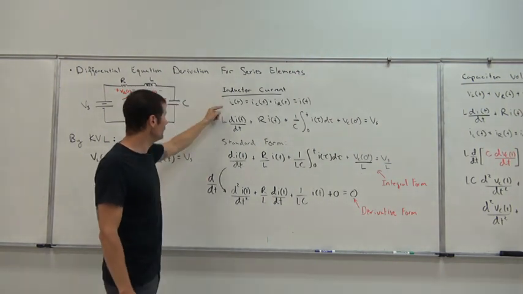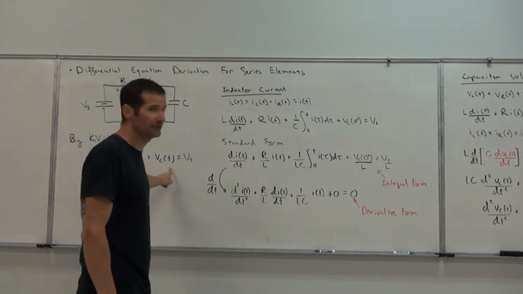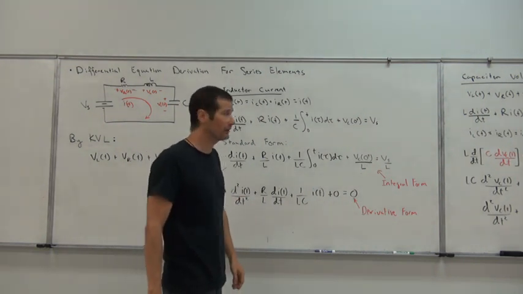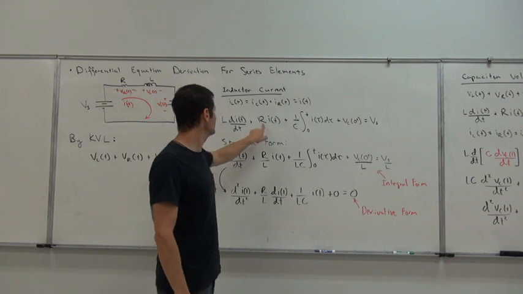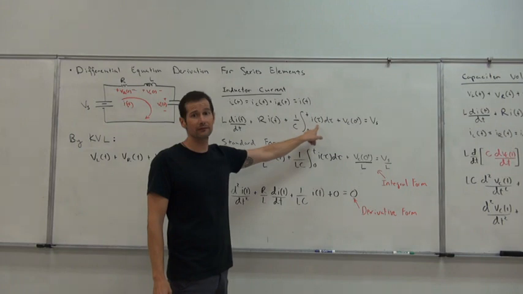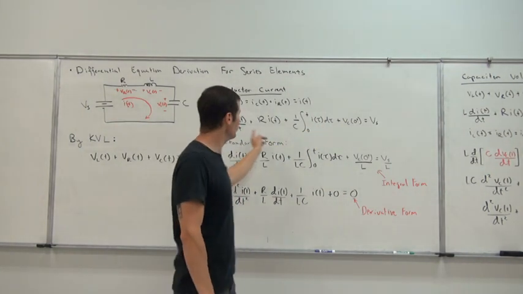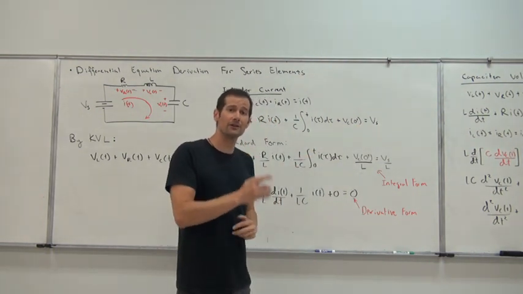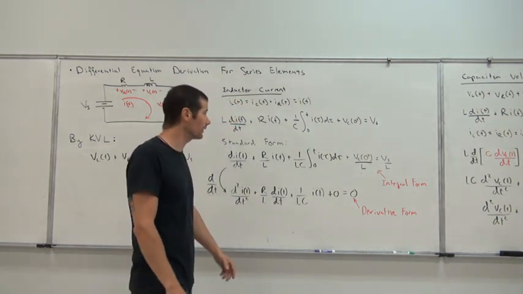So if we take that KVL equation, VL(t) plus VR(t) plus VC(t), and we expand it by the individual current-voltage characteristics, in this case L di/dt, R I(t), and then 1 over C times the integral from 0 to t of I(tau) d tau plus its initial condition, then the entire equation is already in the form of I(t). One equation, one unknown. In this case, the unknown would be the inductor current.